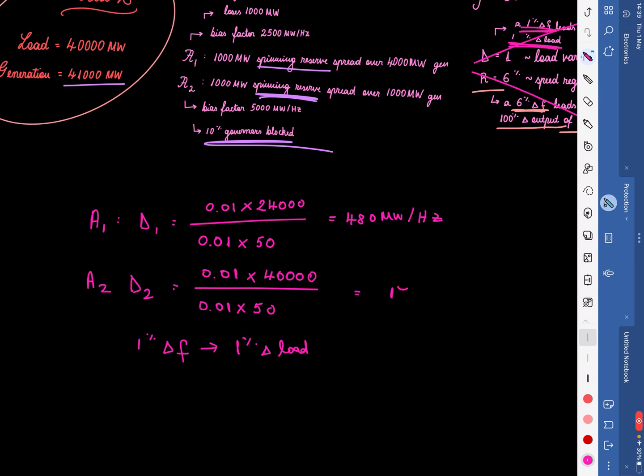So that's 800 megawatts per hertz. So your total damping of the load in area 2 and 1 is 1280 megawatts per hertz.